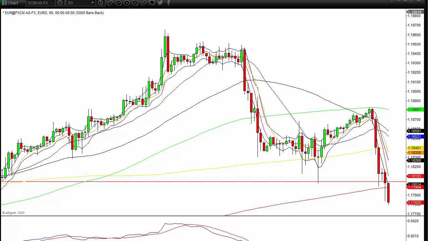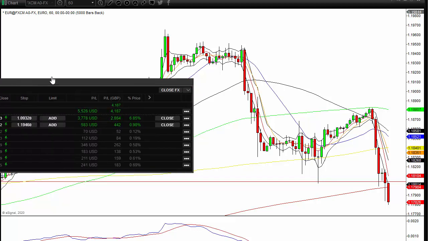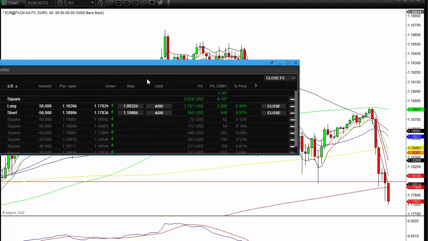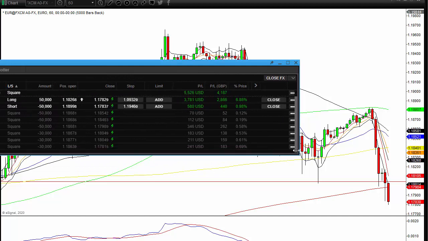Let's have a look at the trades. Right, so I'm just dragging it across. So here's our trades for the day. They're all around the 68. These are those ones that we all entered, apart from that 30,000 one, which should have been a 50.